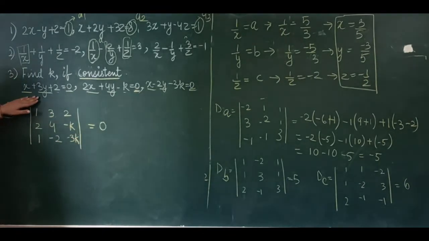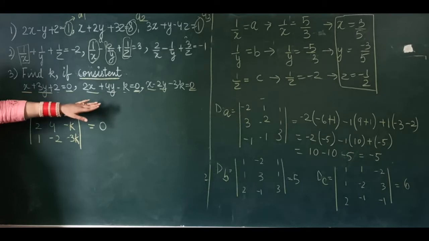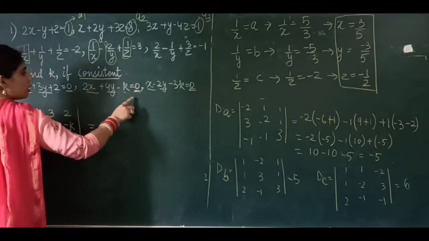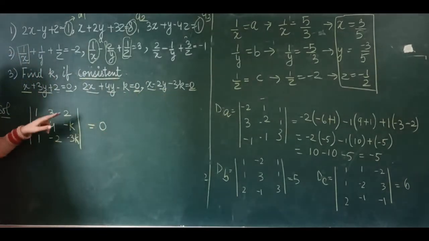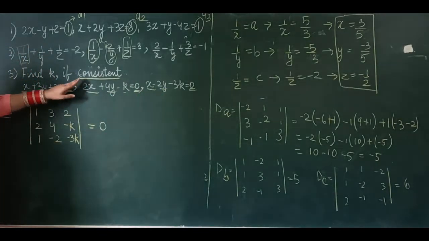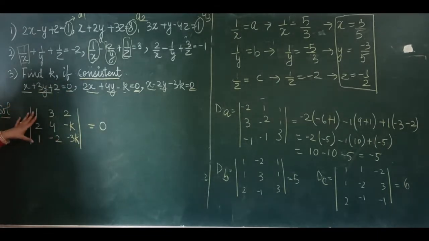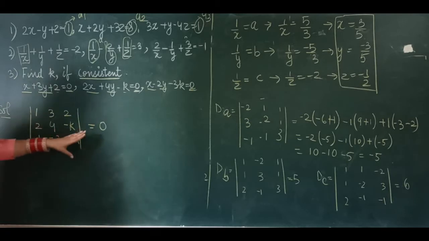Let's see once again. The equations were in two variables, all the constants were 0 here, and I was given the condition that they are consistent. So if they are consistent, I simply write the equations in the determinant form and put it equal to 0.